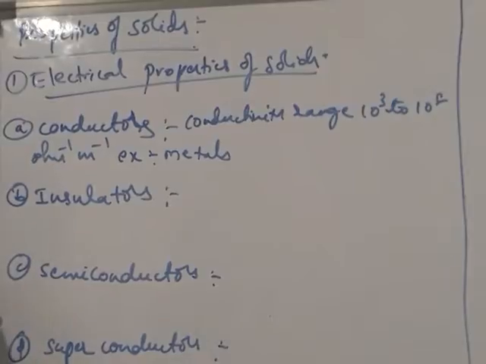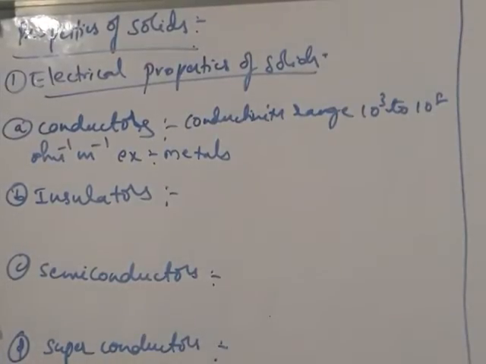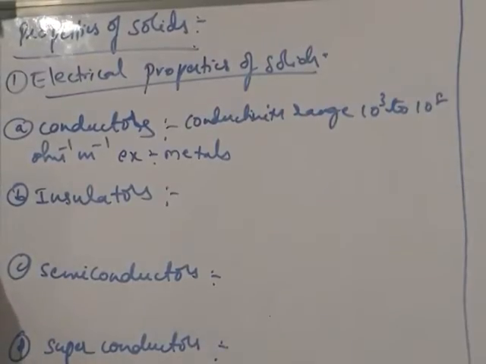Next, insulators. Insulators are also called non-conductors. They do not conduct heat and electricity, and are very poor conductors of heat and electricity.